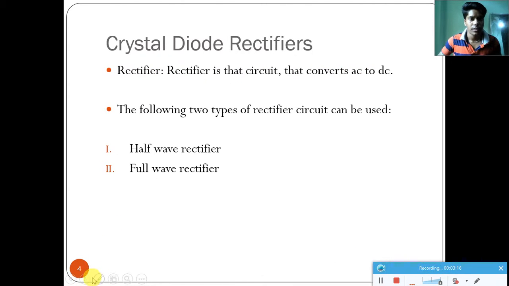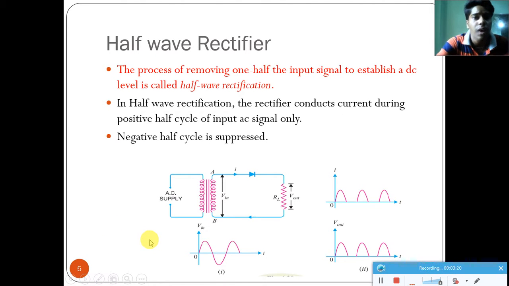So, the half wave rectifier. The process of removing one half of the signal to establish the DC level is called half wave rectification. As you know, in an AC signal we have two halves: one half is positive and the other half is negative.